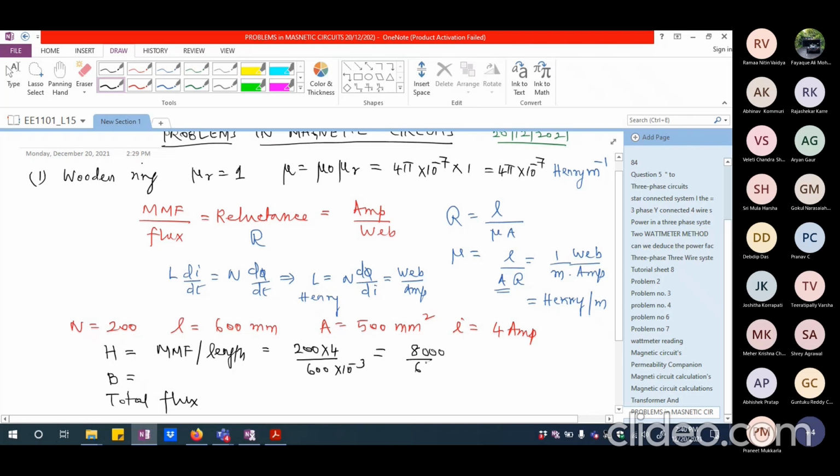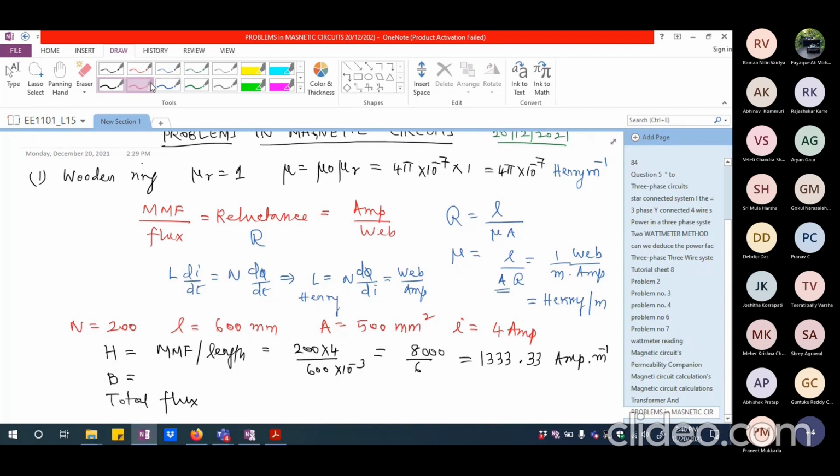That comes out to be 1333.33. The unit will be ampere turn per meter, or turns do not have any dimension, so I can write ampere meter power minus 1. So this is going to be H.